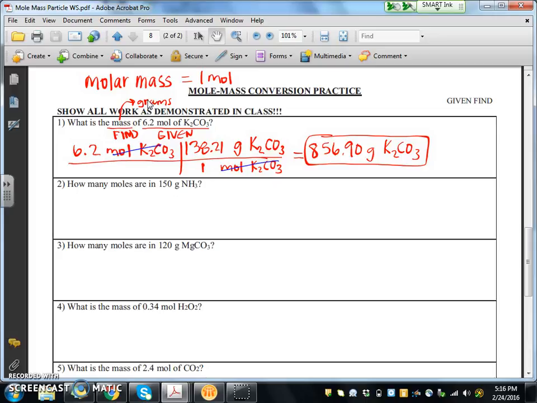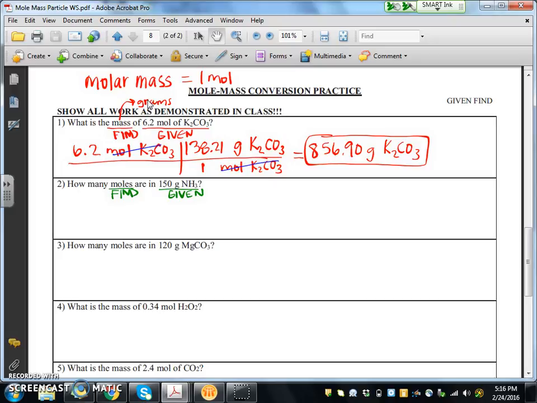Problem number 2 says how many moles are in 150 grams of ammonia. So I'm given 150 grams because that's the number they give us in the problem, and they're asking how many moles. So moles is what I'm trying to find. Again, we follow the same steps.